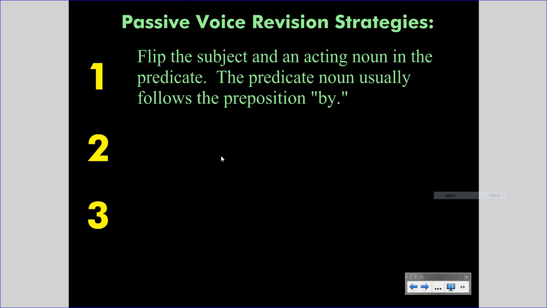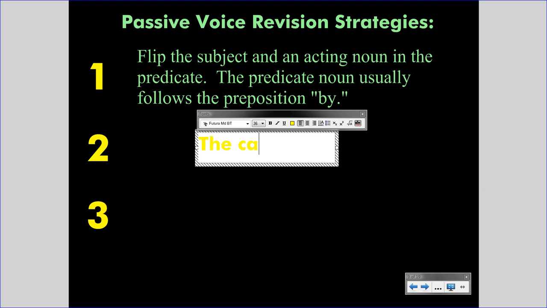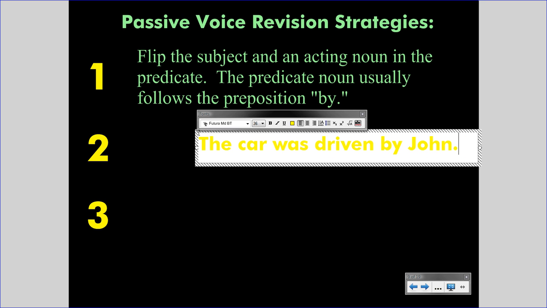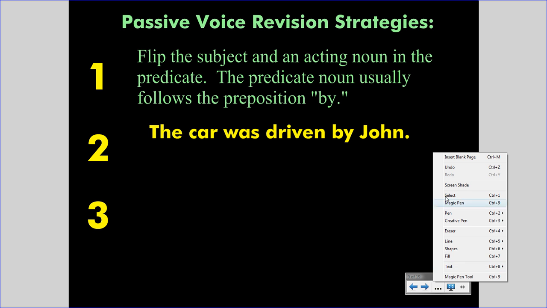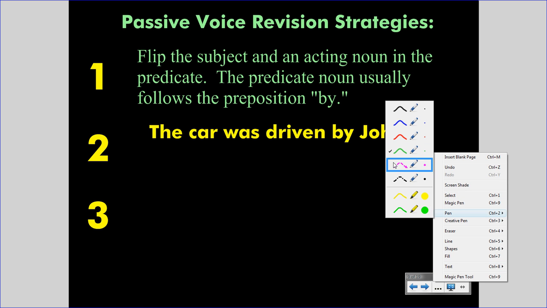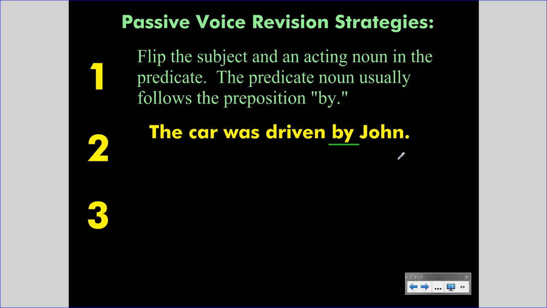So let me show you this. The car was driven by John. That's passive voice. And I've got the subject of car. I've got John over here in a prepositional phrase preceded with by. So if you see this, and remember in this revision you must have the preposition by.